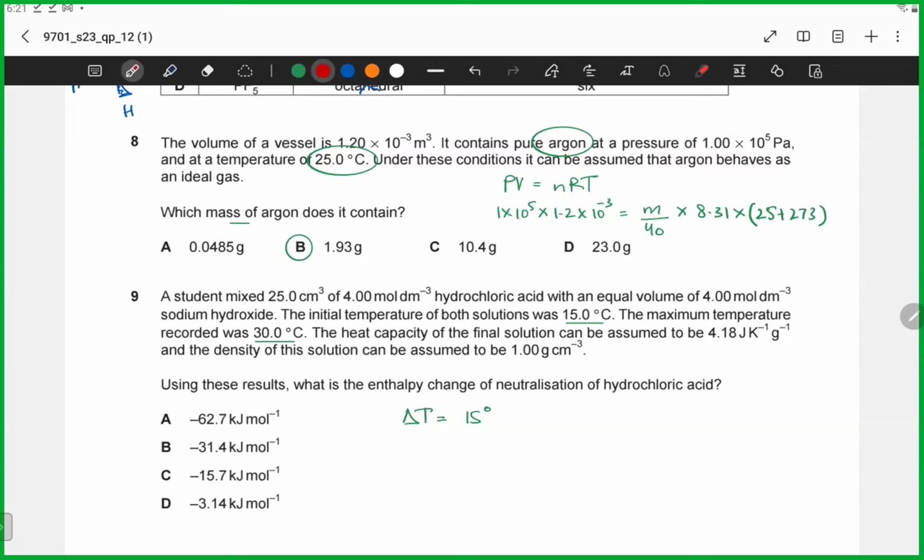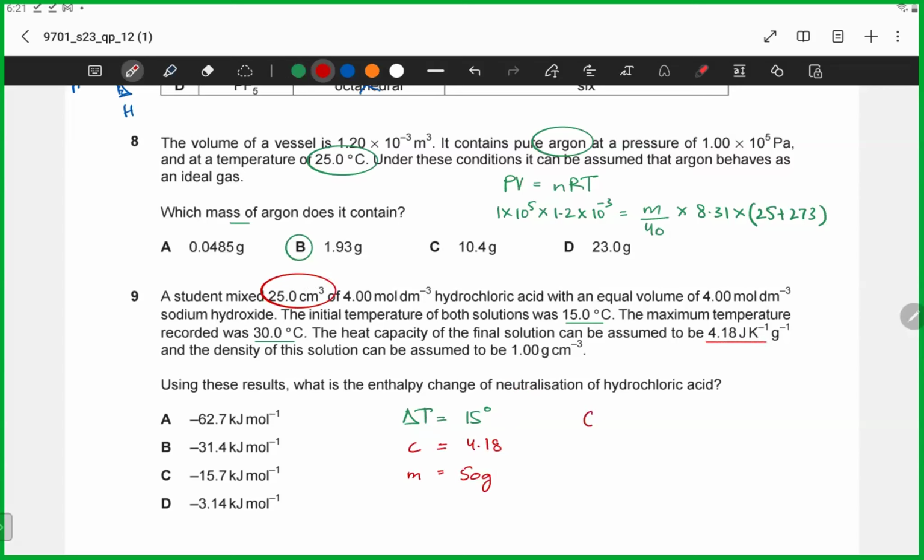It's exothermic. What's the... We know C. Okay, they've given us C as 4.18. That's already given. And what is M? M is the mass of the solution. So 25 cm cube mixed with 25 cm cube, that's going to be 50, so 50 grams.